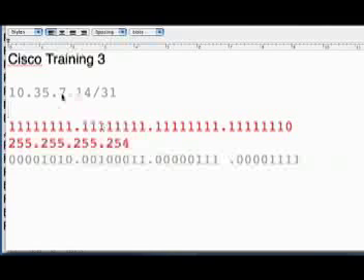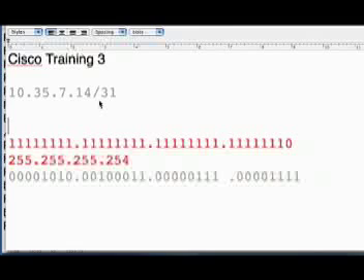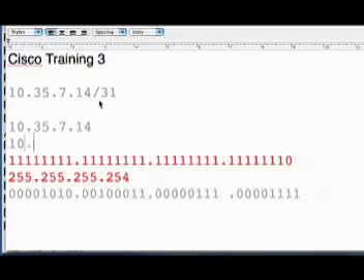So at that point, we have two IP addresses in the subnet. It would be 10.35.7.14 and 10.35.7.15, where the .14 is where the host bit is 0, because we only have one host bit, and the .15 is where the host bit would be 1.